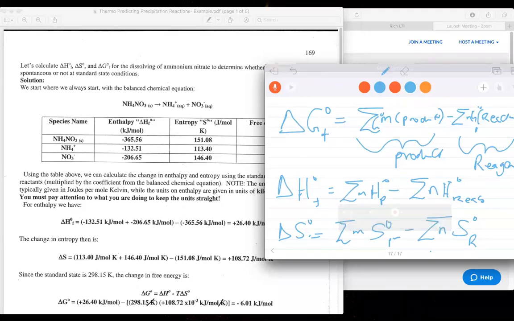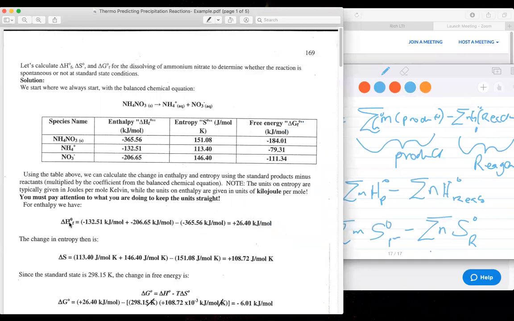I don't want to go into details. If you look at this equation right here, to find the enthalpy of formation from this chemical equation, the products are nitrate and ammonia.